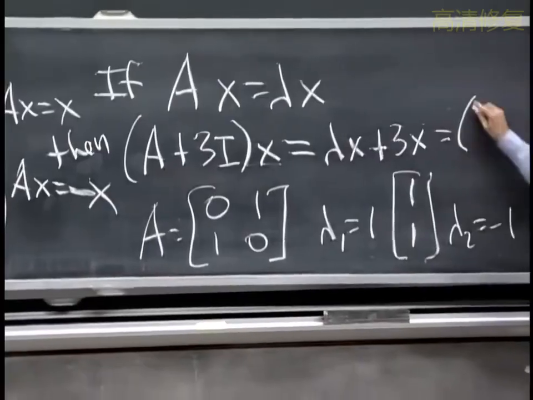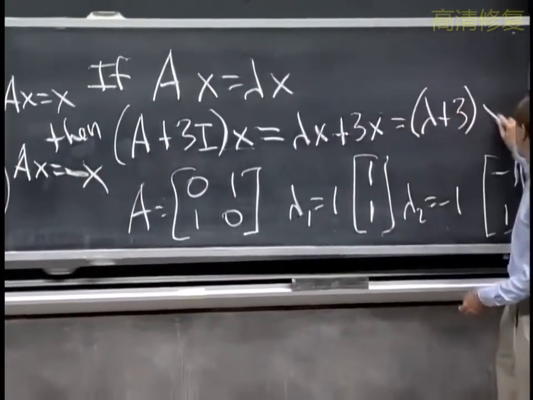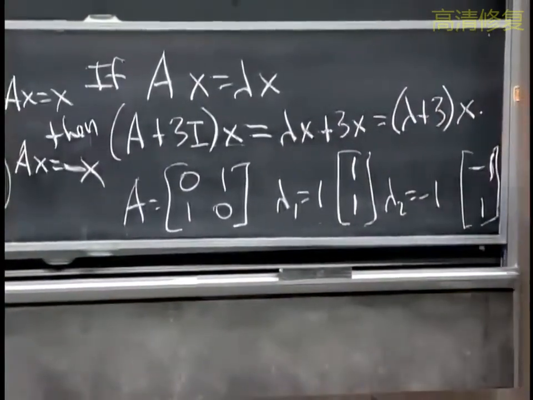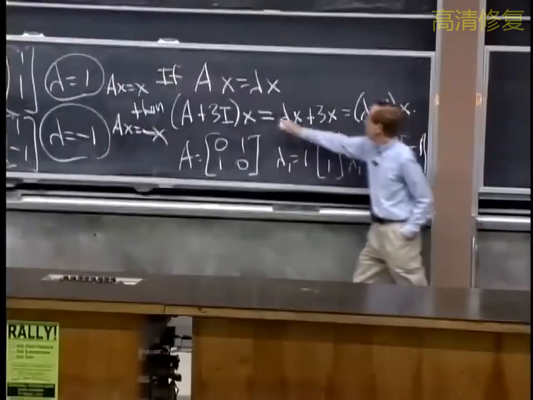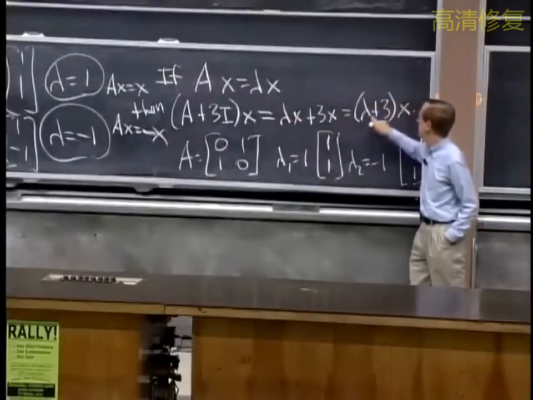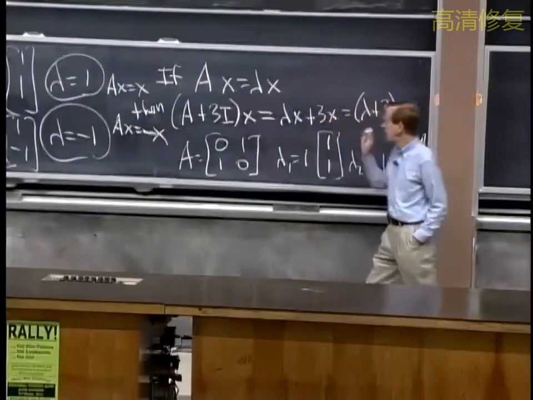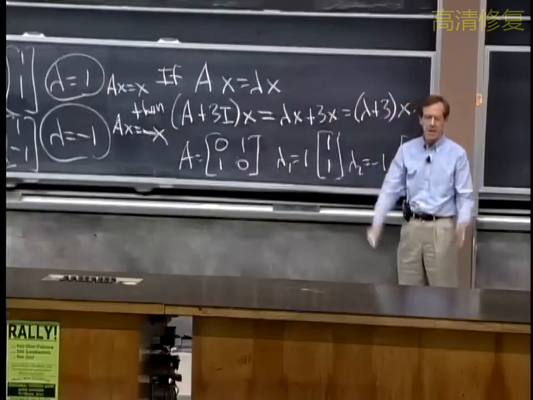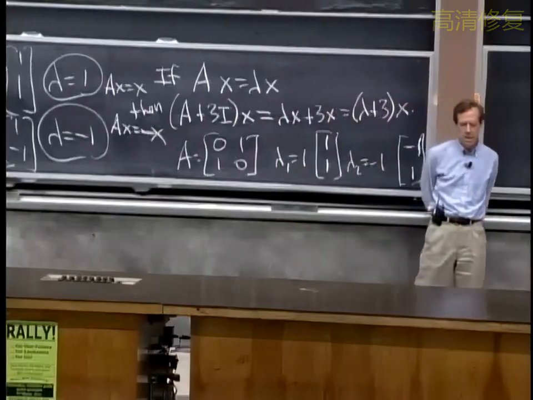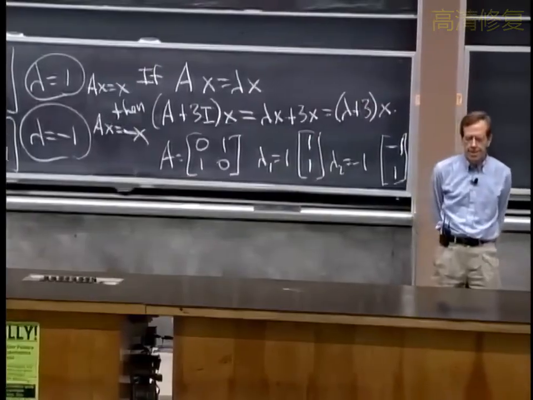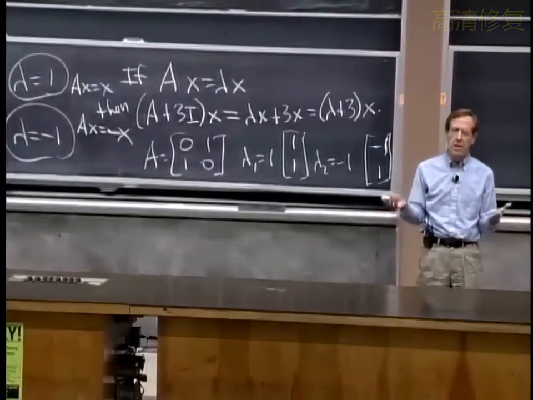So it's just sitting there: lambda plus 3 times x. So if this had eigenvalue lambda, this has eigenvalue lambda plus 3, and the x, the eigenvector, is the same x for both matrices. Okay.